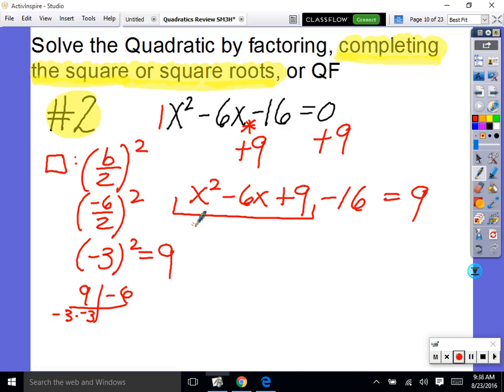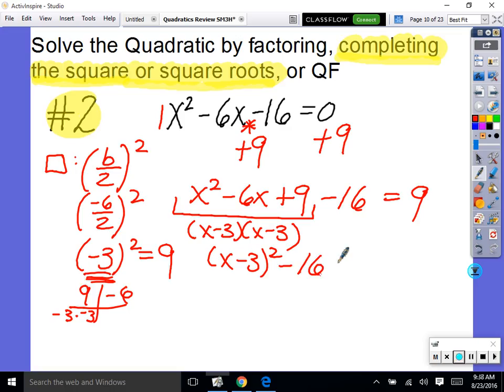So this factors to be x minus 3 times x minus 3, which is a perfect square because that's x minus 3 squared. Now look, there's a trick. The reason we do b divided by 2 squared is because that's what's going to help us know what to factor it to be. So it's going to factor to be x minus 3 squared. We still have our minus 16, and that's equal to 9. You see how we went from standard form to vertex form.